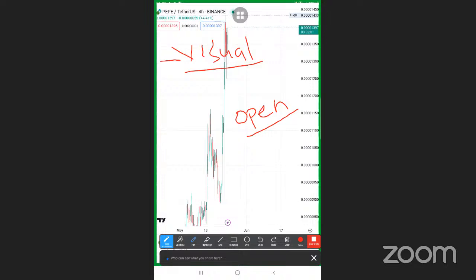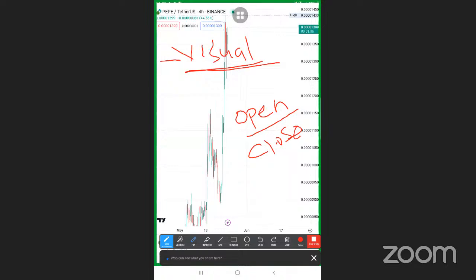You are going to see where buyers closed their market, which is called the close. Even the sellers, where did they close the market? Just by looking at the candlestick. That's why I'm saying the candlestick is able to give us a visual representation of what is happening in the market. Does it make clear?